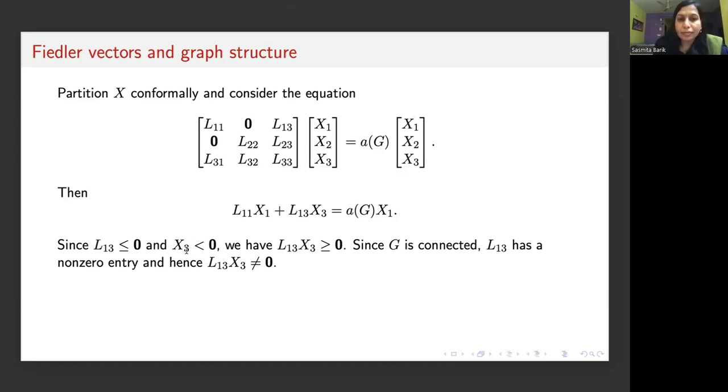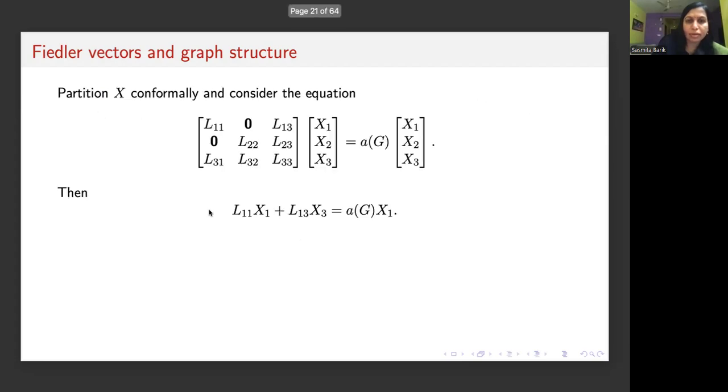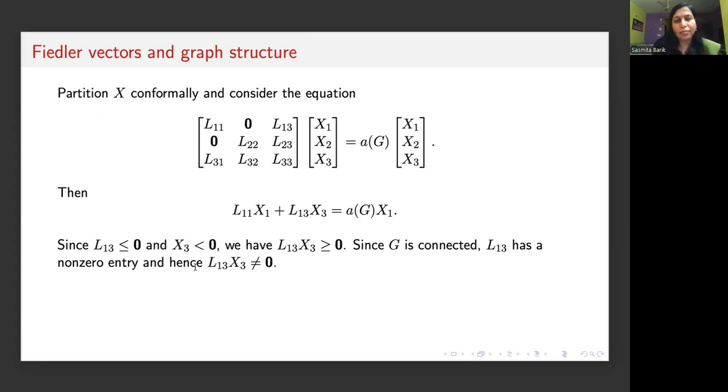Similarly, x3 will be less than 0. Sorry, it's not less than or equal to 0.